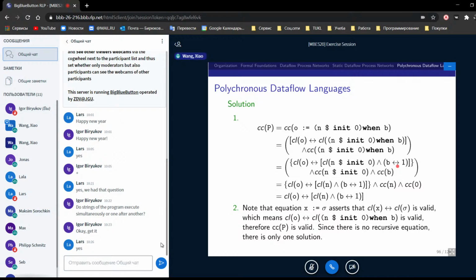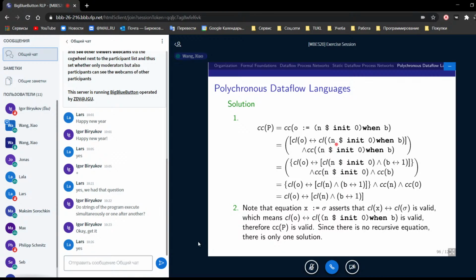Here, this should also be clock consistent. But here we do not require the clock of this to be equal to the clock of that, because 1 is not an arithmetic operator.